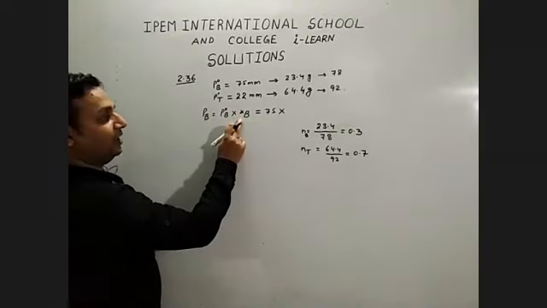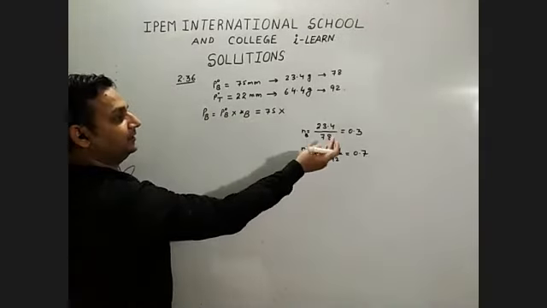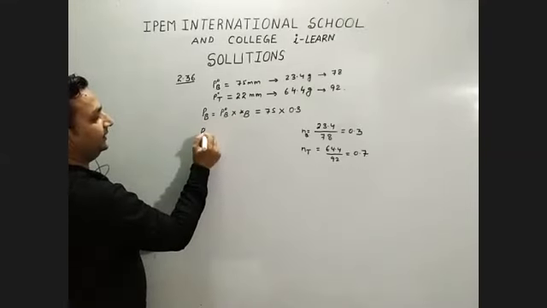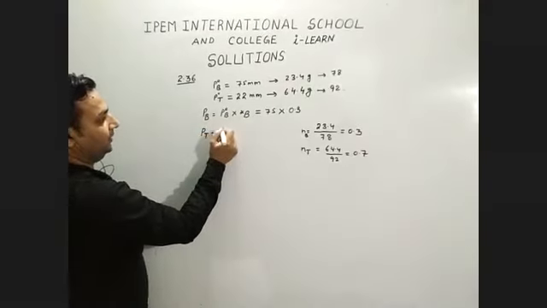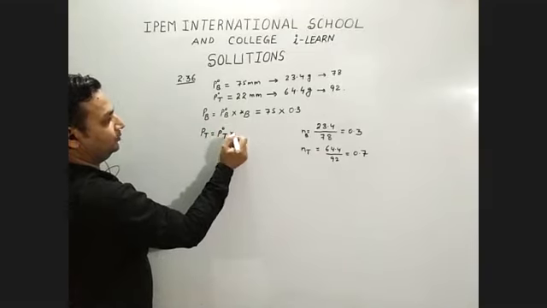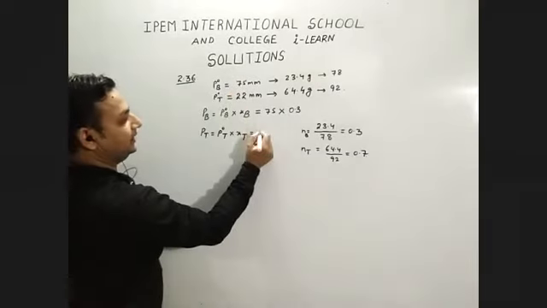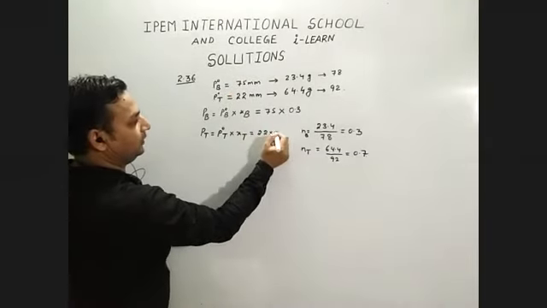Now XB for benzene will be 0.3 upon 1, so 0.3. XT will be 0.7. PT will be P naught T into XT, which gives 22 into 0.7.